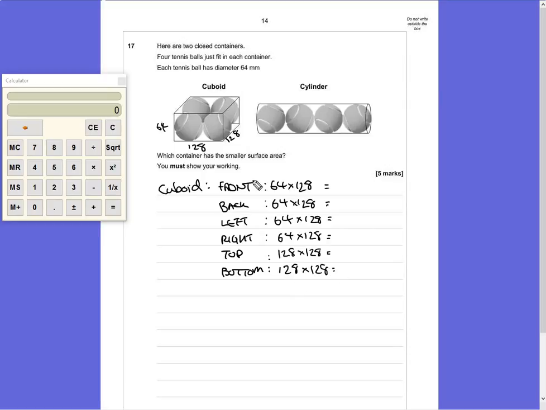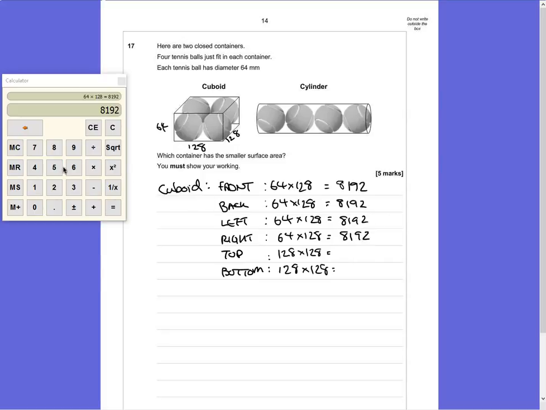Sometimes people will just calculate the front, side and top and double it. This will also give you the same answer. 64 multiplied by 128 gives us 8,192, which will be the same for all of these other sides.